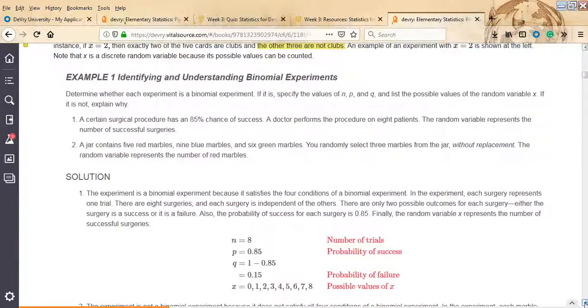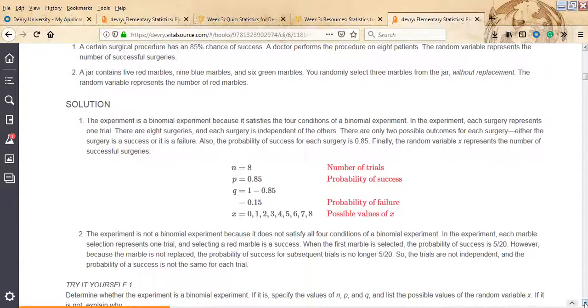And so when we really work this problem, what we're trying to solve for is, by drawing 5 cards, what is the probability that 2 of those cards are clubs?